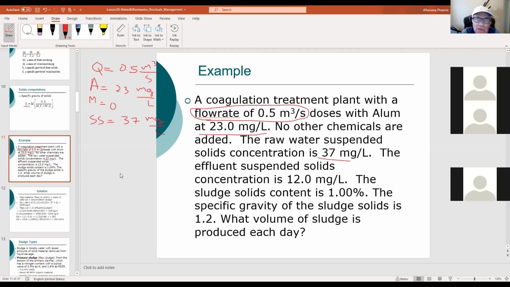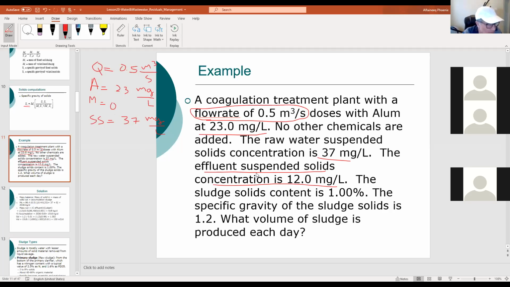The effluent suspended solid concentration is 12. Looks like a fraction, right?